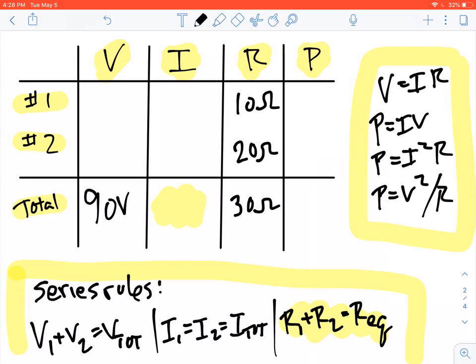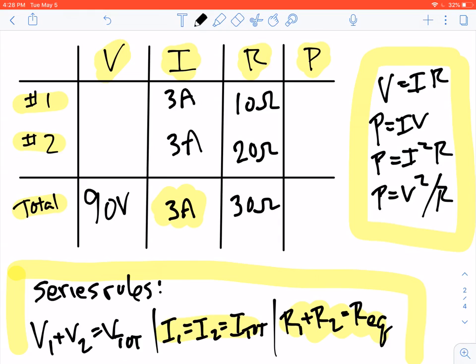I have 90 volts and 30 ohms, so this tells me that I have 3 amps in this circuit. Alright, and now I can take that information and say, I know that in a series circuit, the current is the same everywhere. And so I have 3 amps here, and I have 3 amps here.